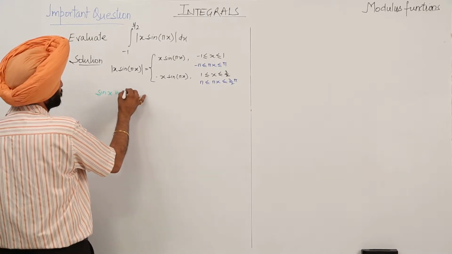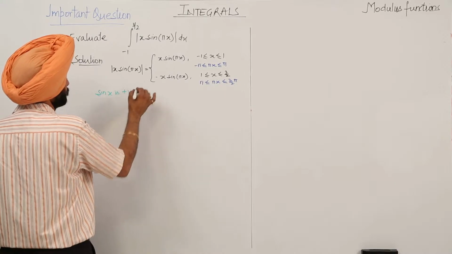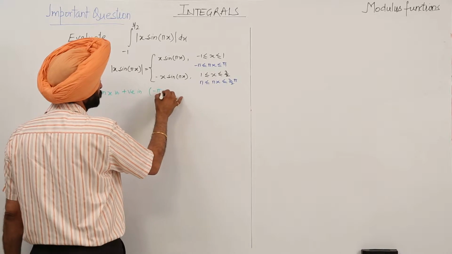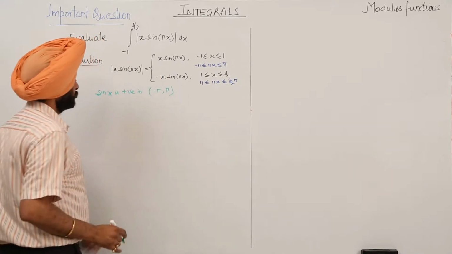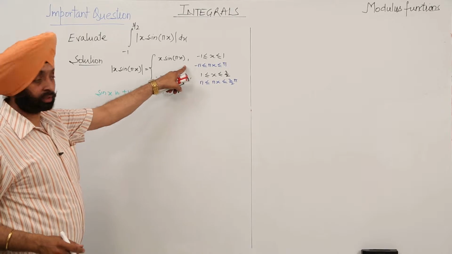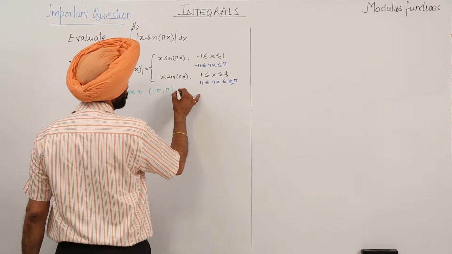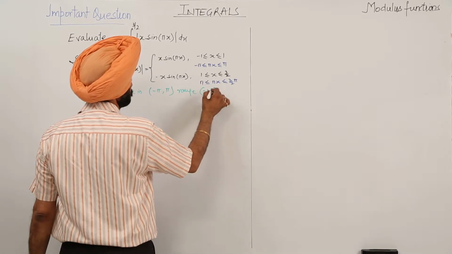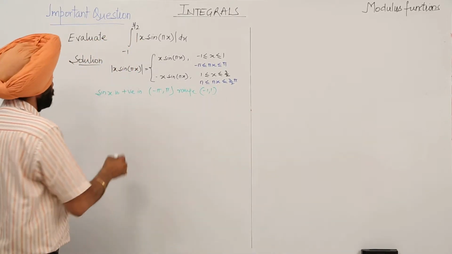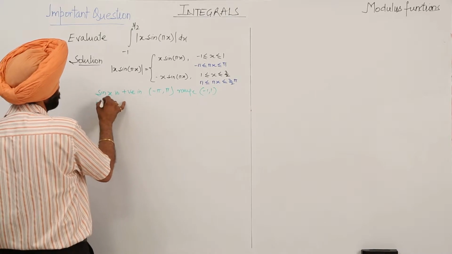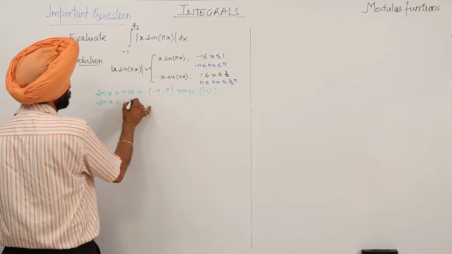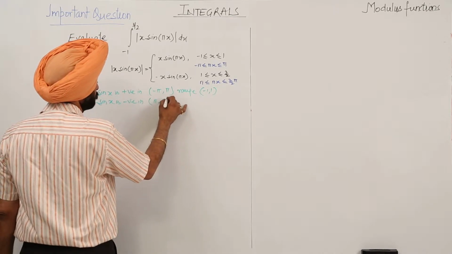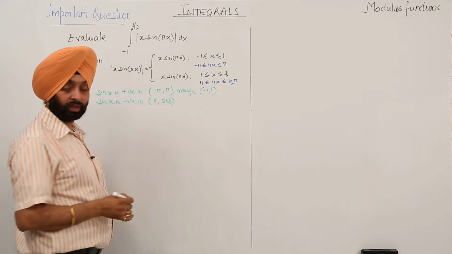Sin x is positive in minus pi to pi. So that's why I have taken positive here, and the range is from minus 1 to 1. Okay, and sin x is negative from pi to 3/2 pi, that is the third quadrant.